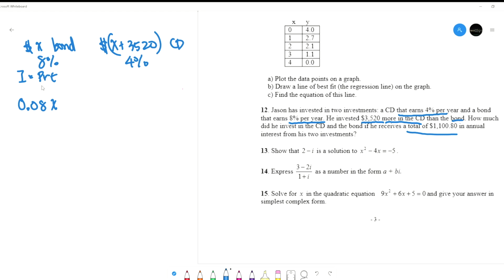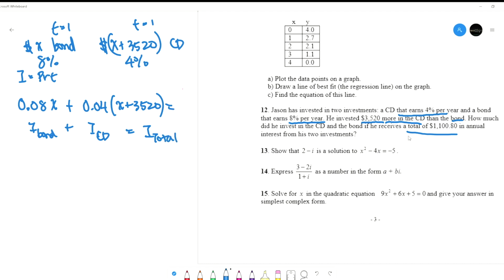Because time is 1 year for both, right? So this is the interest earned from the bond plus 0.04 times x plus 3520. Okay, so this is the interest from the bond plus the interest from the CD, and gives us the total interest, right, which they express down here as $1,180. So does that equation make sense to everybody?